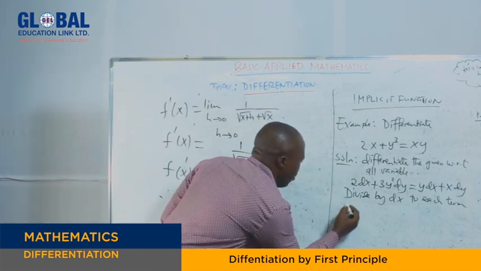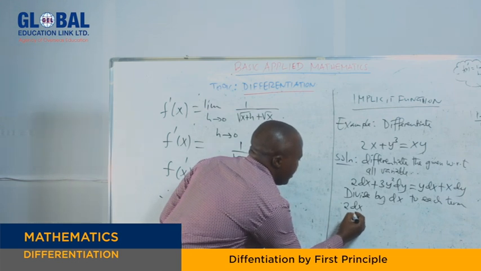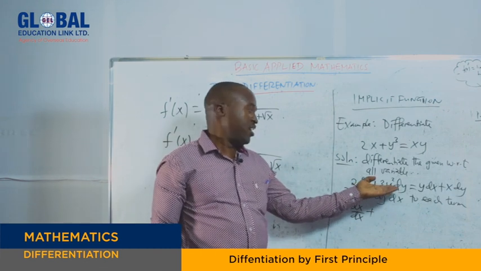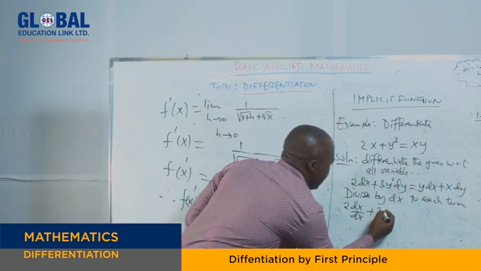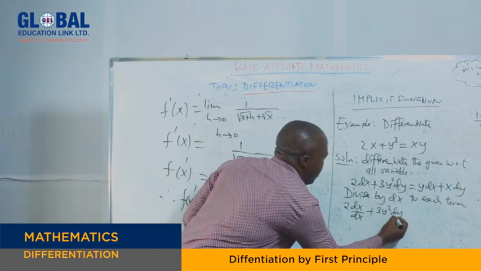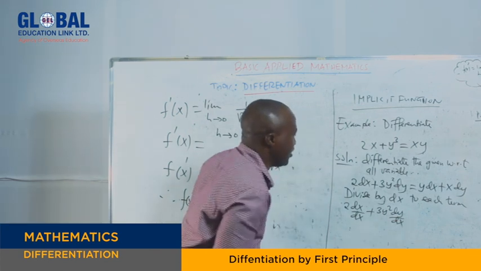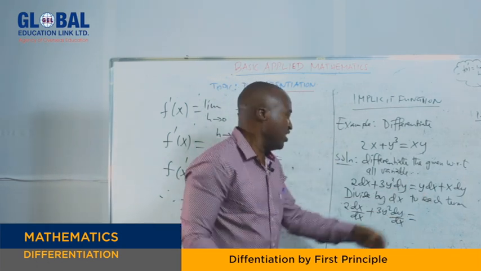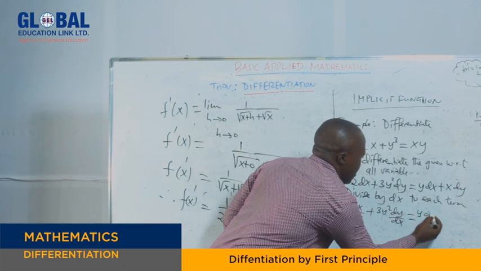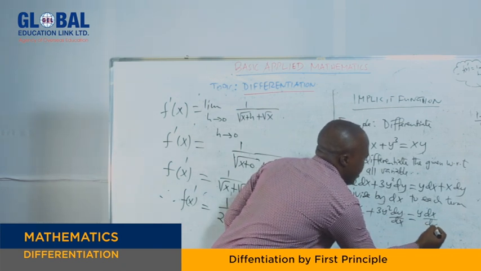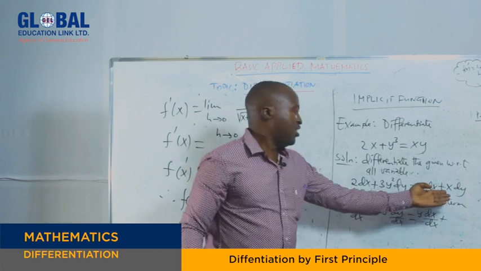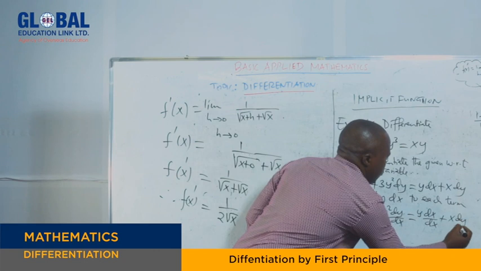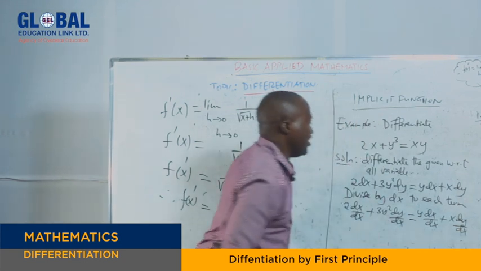Therefore, we are going to have 2 dx over dx plus 3y square dy over dx, which is equal to y dx over dx plus x dy over dx.